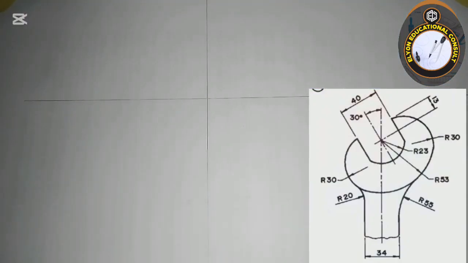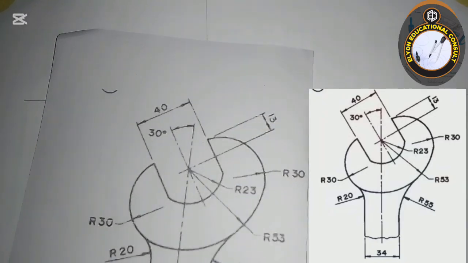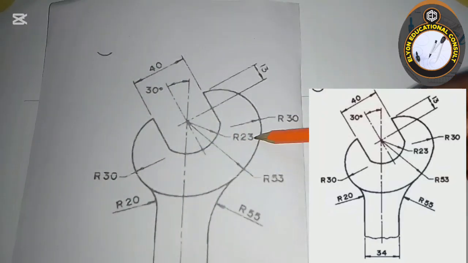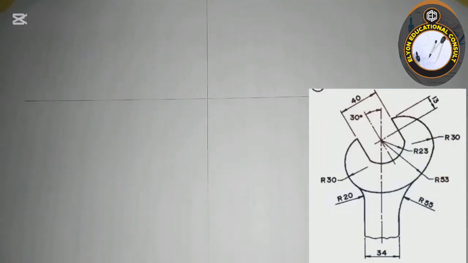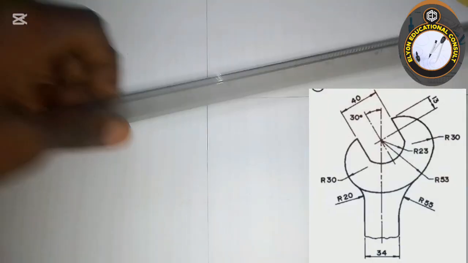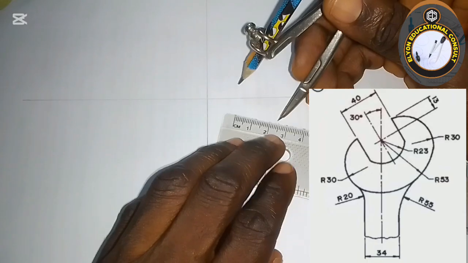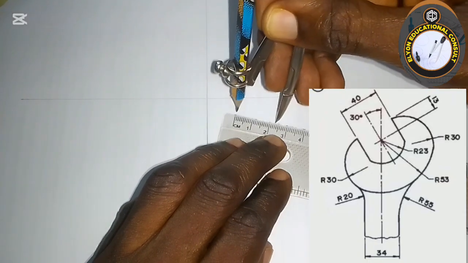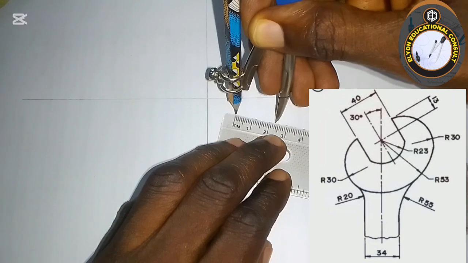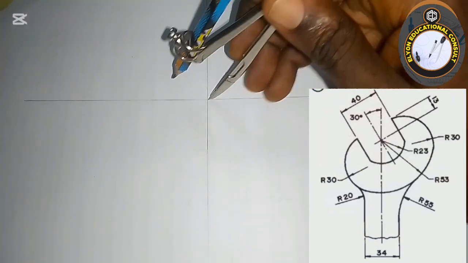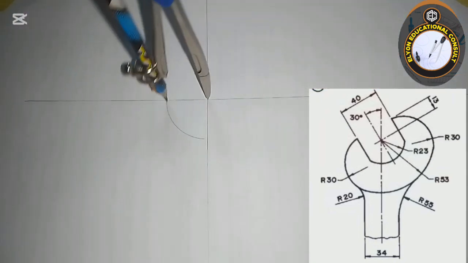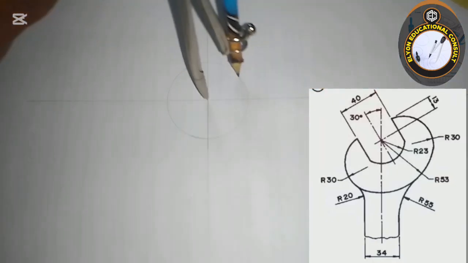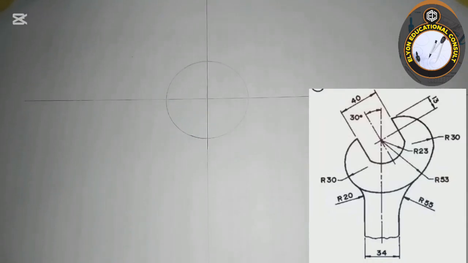So the next thing I'm going to do, like I said, we have the smaller circle here, radius 23. So I will stretch my compass to radius 23 mm this way and draw a circle. Then we have another circle.